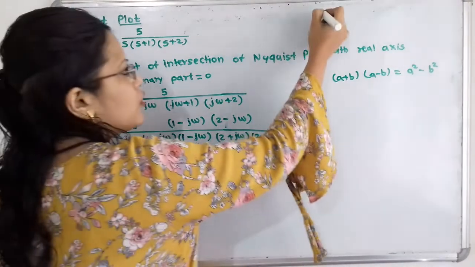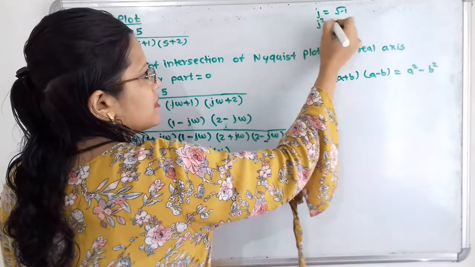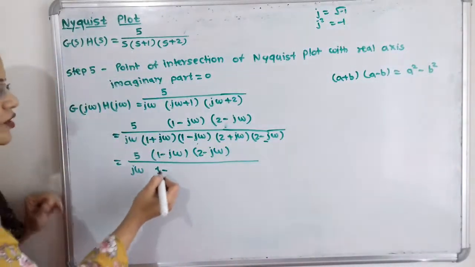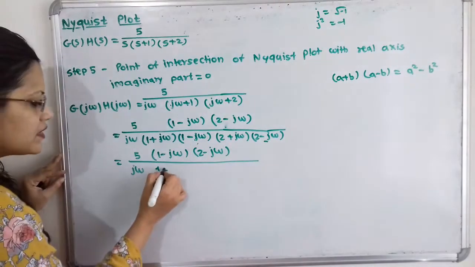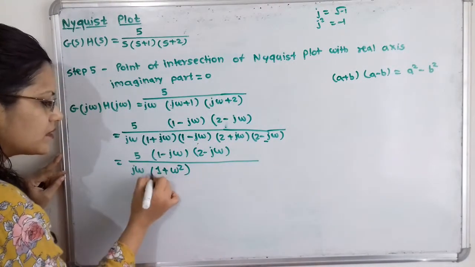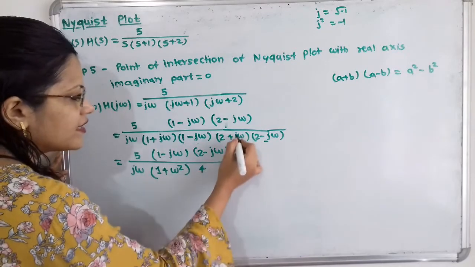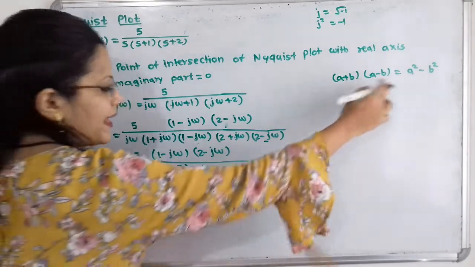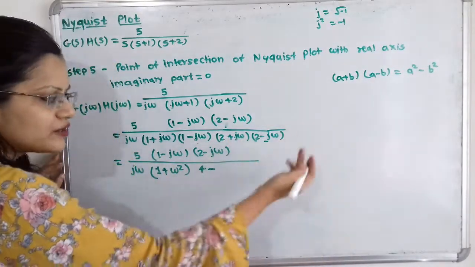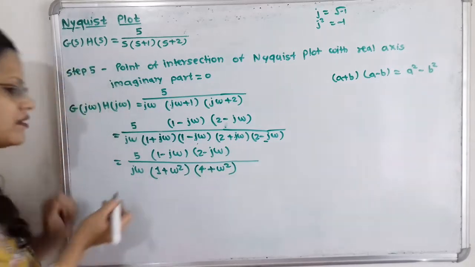So what is the value of j square? j is equal to under root of minus 1, so j square is equal to minus 1. So 1 minus minus 1 into omega square, that is 1 plus omega square. Here also 2 square, that is 4, and here j square omega square, that is 4 minus minus omega square. So minus will become plus, 4 plus omega square.